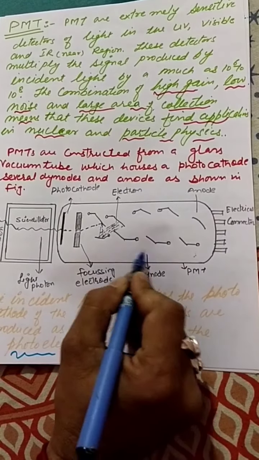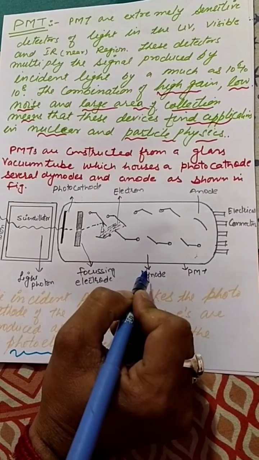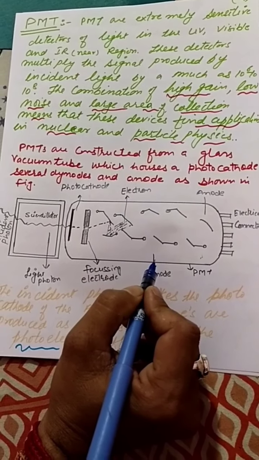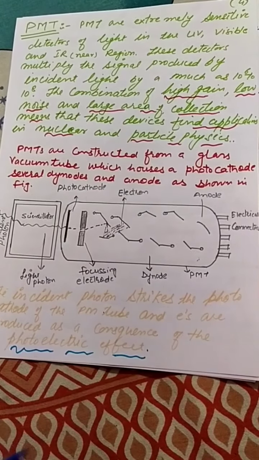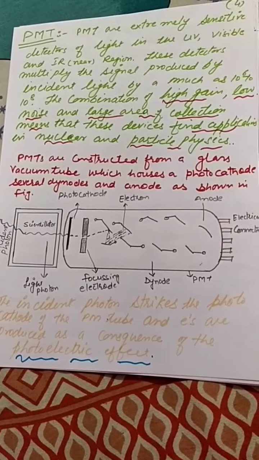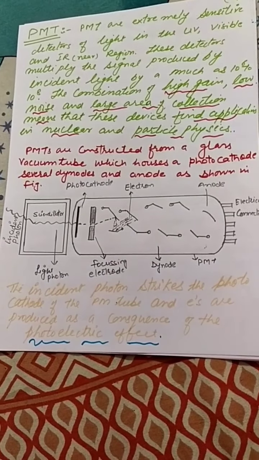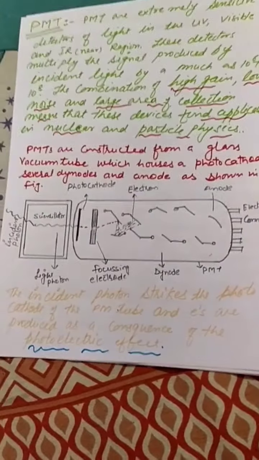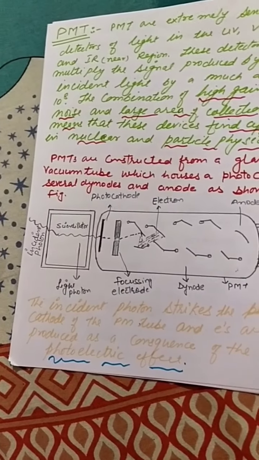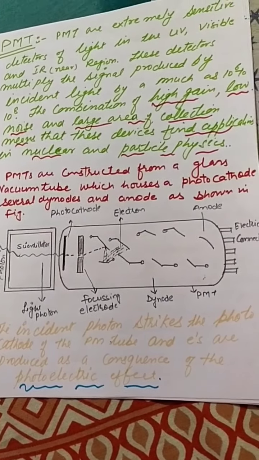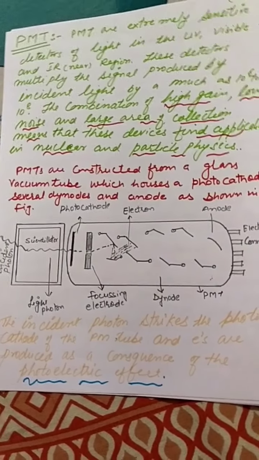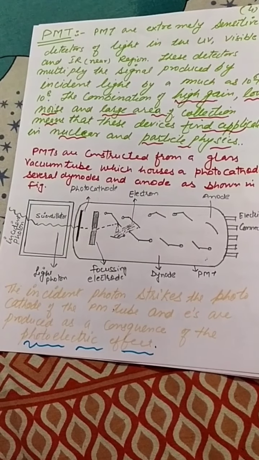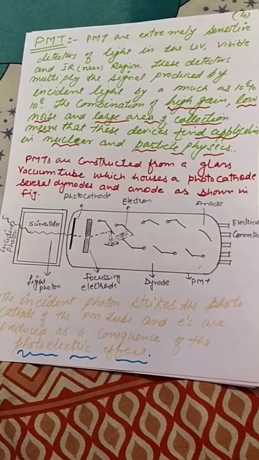On striking the first dynode, low energy electrons are emitted and these are accelerated towards the second dynode. So this process continues: first dynode, second dynode and third dynode. The geometry of the dynode chain is such that a cascade occurs with an ever increasing number of electrons being produced at each stage. Finally, the anode is reached, where the accumulation of charge results in a sharp current pulse indicating the arrival of a photon at the photocathode.